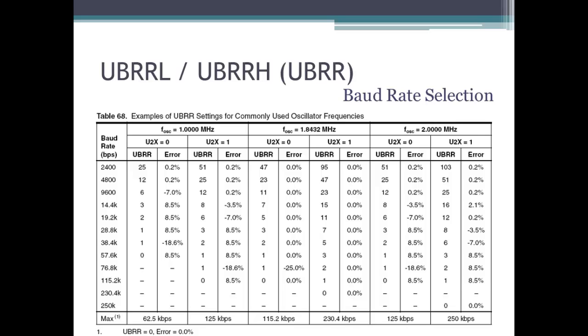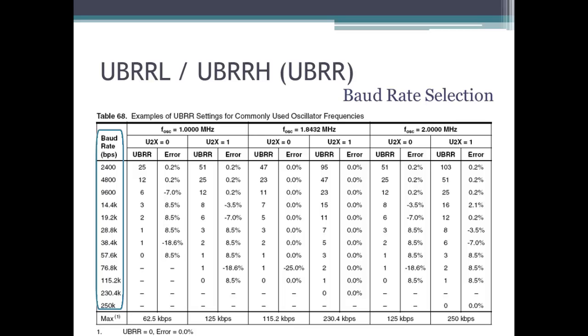Now here's a table out of the data sheet, table 68, which lists the baud rate register numbers for configuring the USART to run at certain transmission speeds. On the left you see the baud rates listed in BPS as 2400, 4800, 9600, 14.4K, and so on. These are commonly used baud rates that have sort of been standardized.